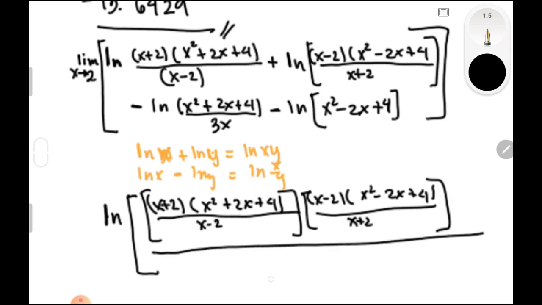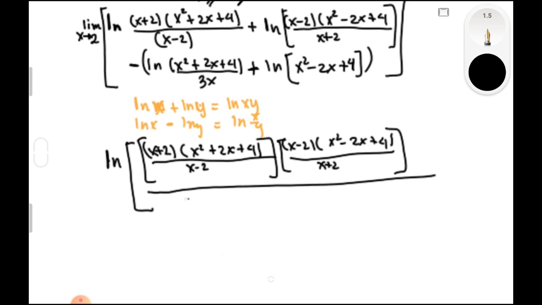So, pag nilagyan mo ng bracket to, mag-multiply yung dalawa, tapos mag-divide sila sa combination ng ln ng dalawang term natin na to. Okay? So, therefore, from that, we'll have an equation equal to x squared plus 2x plus 4 divided by 3x multiplied by x squared minus 2x plus 4 divided by 1.